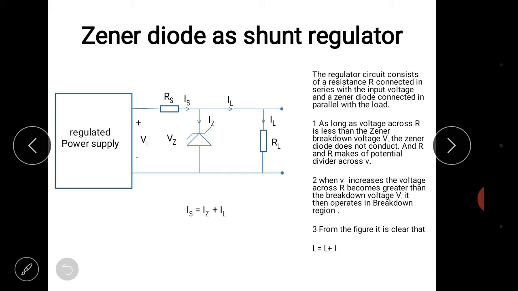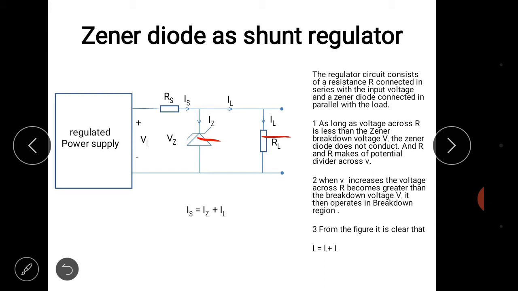The regulator circuit consists of a resistance Rs connected in series with the input voltage, and the Zener diode which is connected in parallel with the load. As long as the voltage across RL is less than the Zener breakdown voltage Vz, the Zener diode does not conduct, because both are parallel to each other.